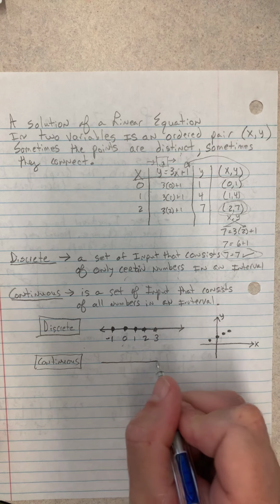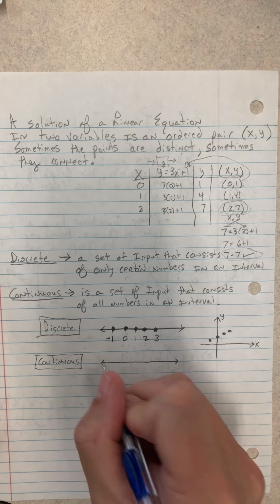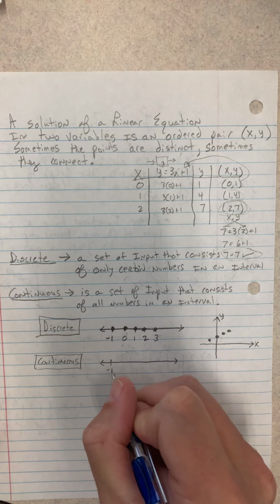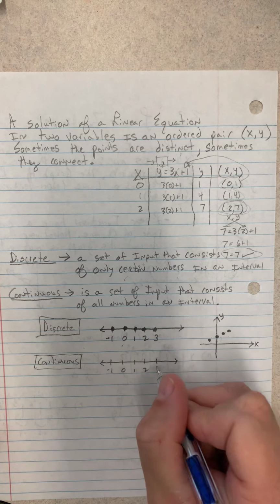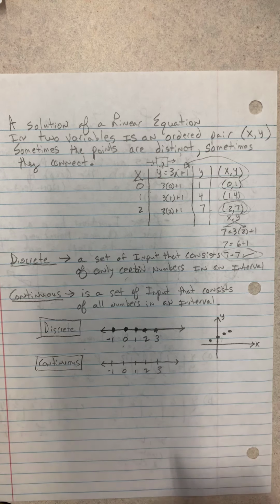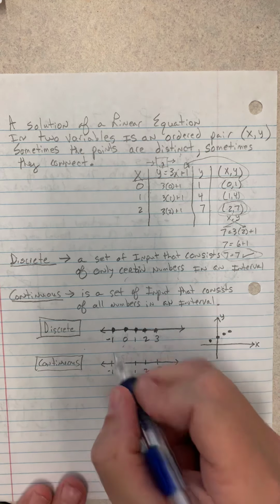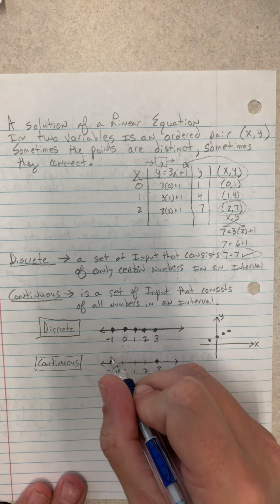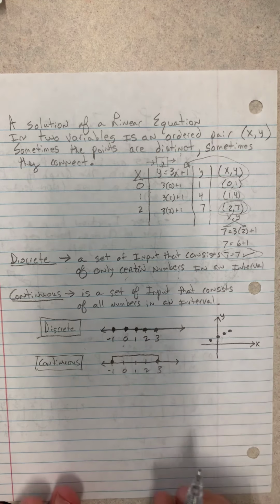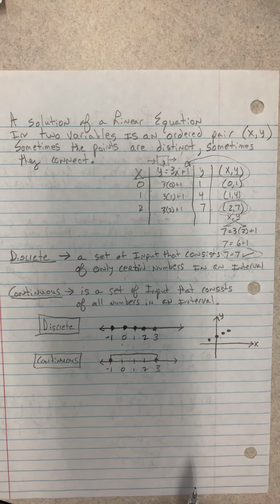And I'm going to use the same number line because when we were describing domain and range, and that data was continuous, we used an interval. This is saying that I want inputs or domain that is between -1 and 3.